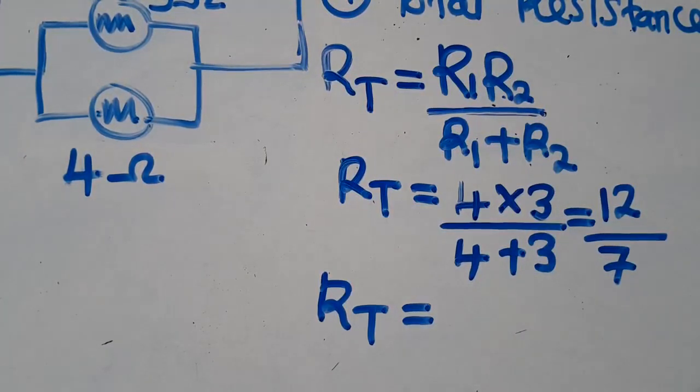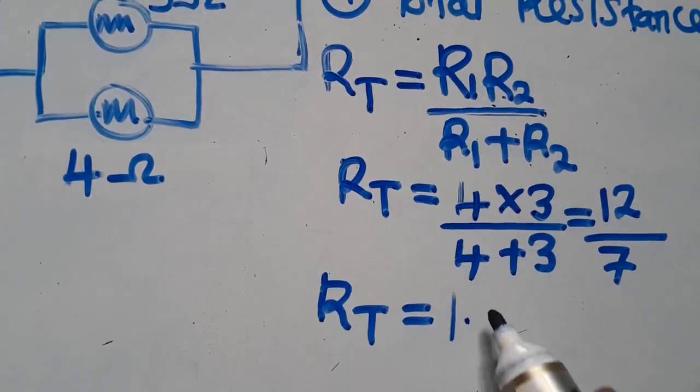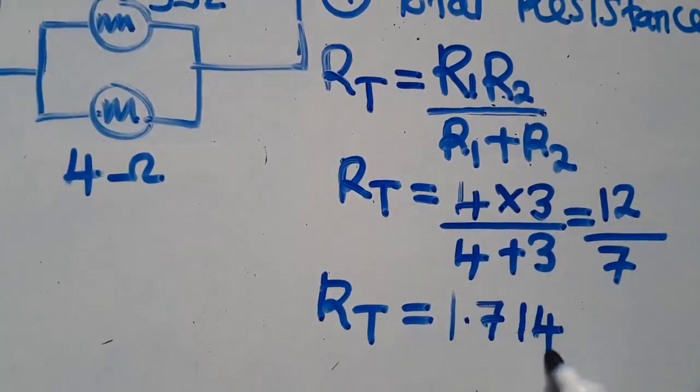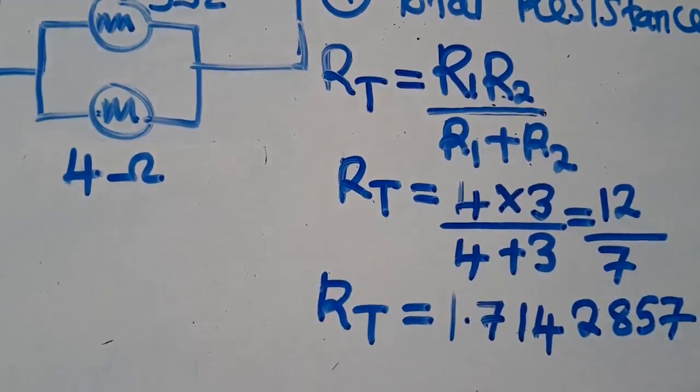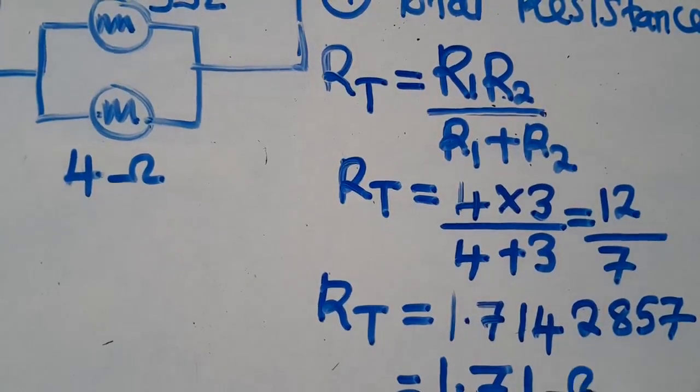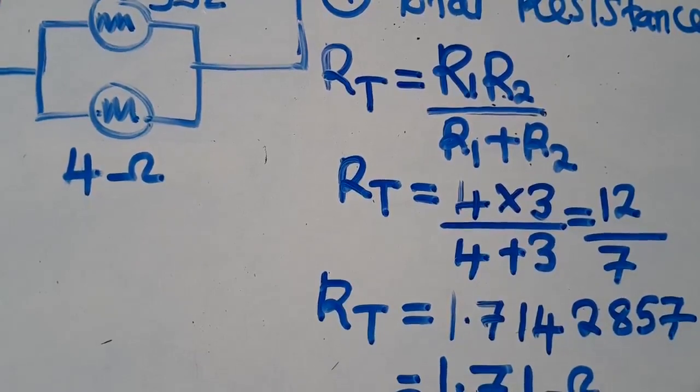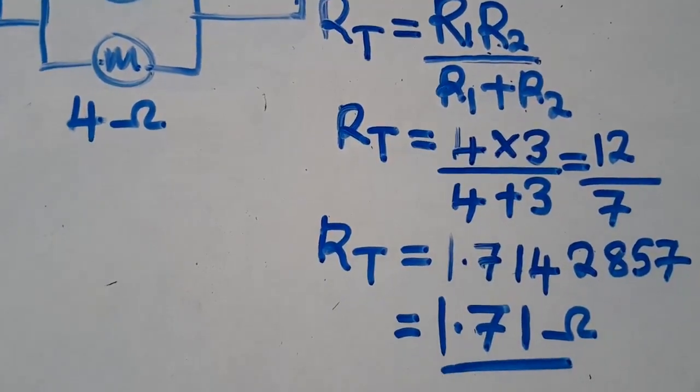What am I having? I'm having 1 point something, 1.7142857, the number just keeps going. So finally the answer is 1.71 ohms. This is the total resistance in the circuit.